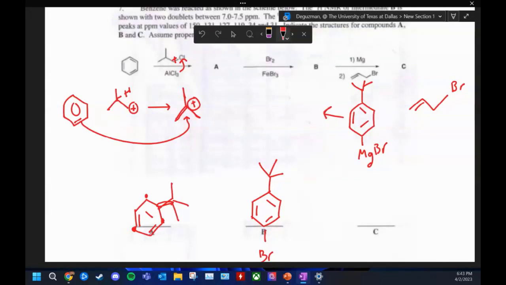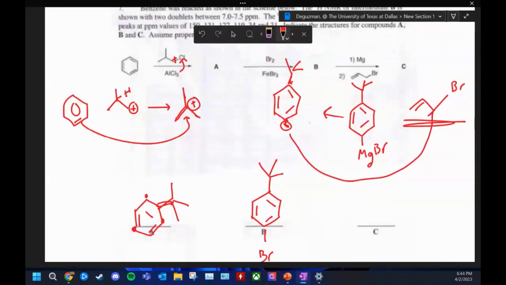So you could really write it like this with a negative charge over here. I know that's pretty unstable, but the MgBr is there to stabilize it. Now this is a nucleophile, and here we have a molecule with a good leaving group, right? So this is another nucleophile electrophile reaction, which is really common in these chapters.